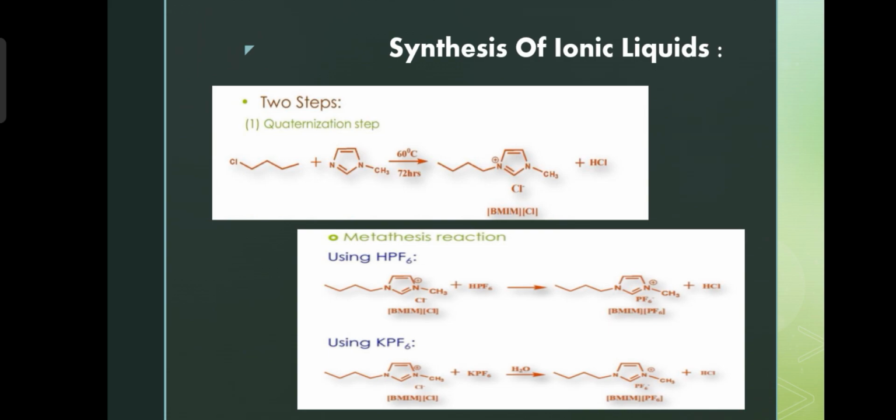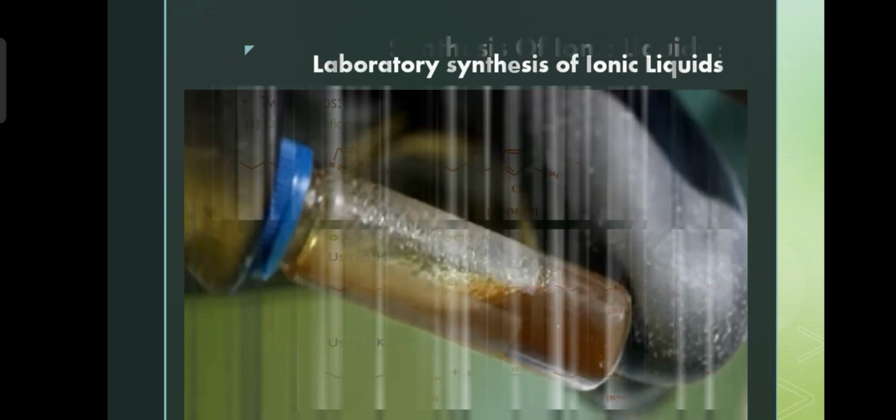In the quaternization step, we remove the Cl and join with H, that is the ion form. In the first case you get an ionic liquid, and in the second case you also get an ionic liquid, but in the form of cation and anion, as you can see here.